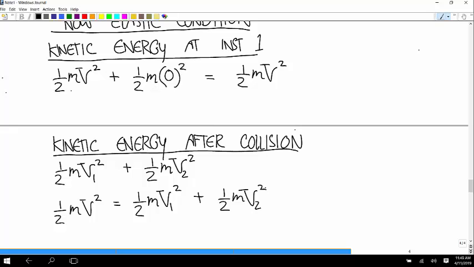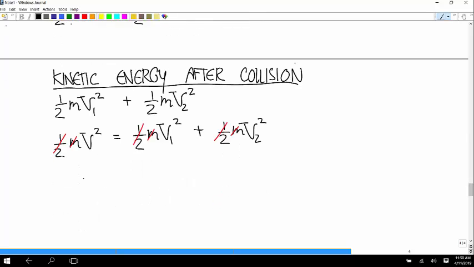I might as well divide out a bunch of stuff. Divide everything by 1/2, divide everything by m. And we get our second equation that says v squared is equal to v1 squared plus v2 squared.